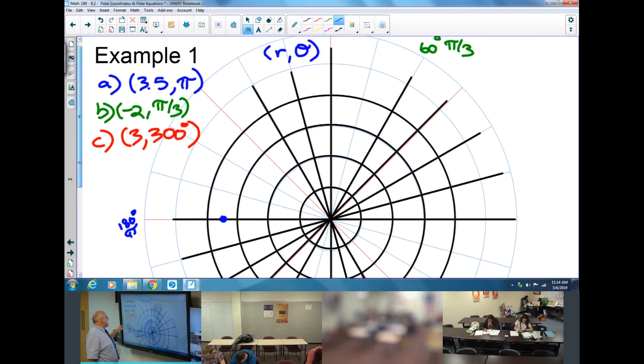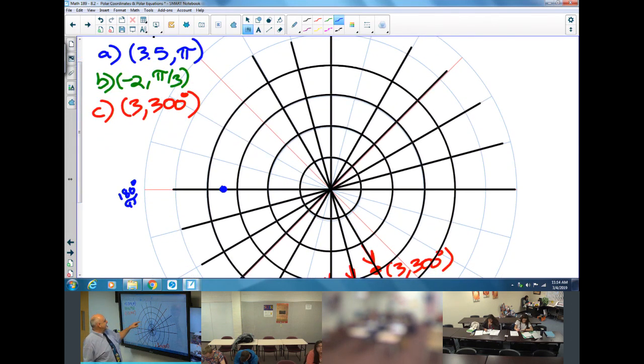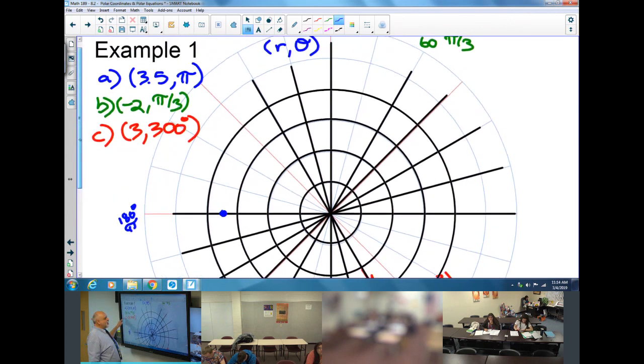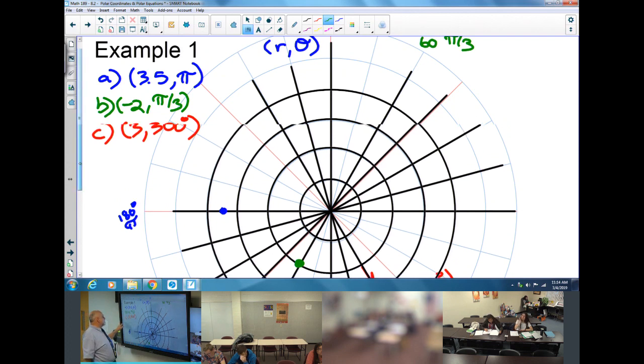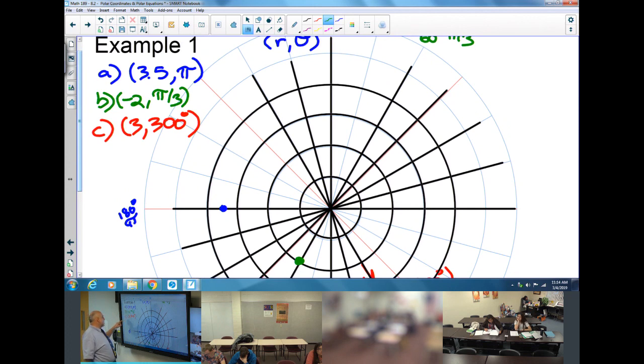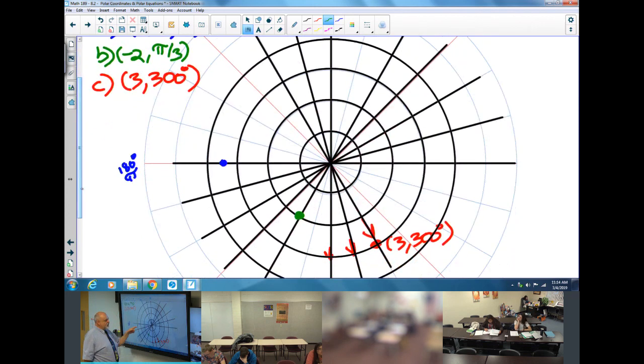But now when it's -2, instead of +2, -2 is backwards. So along this line you go backwards 2, and that would be that point. Then the third one, 300. The angle can be in degrees or radians. So 300 degrees is over here, and then you go out 3, 1, 2, 3, and that would be your point there.